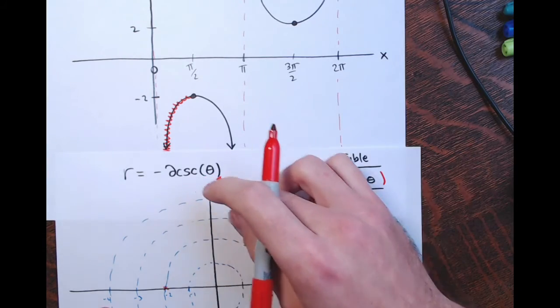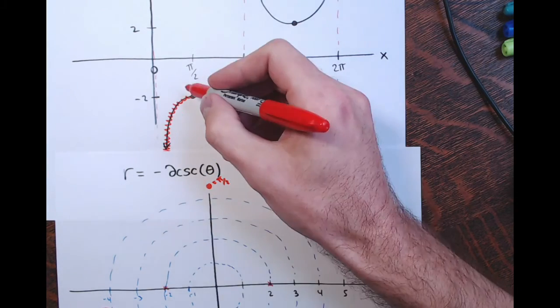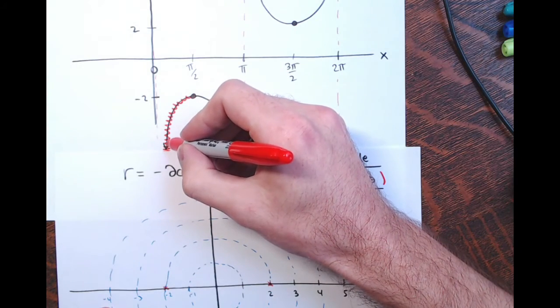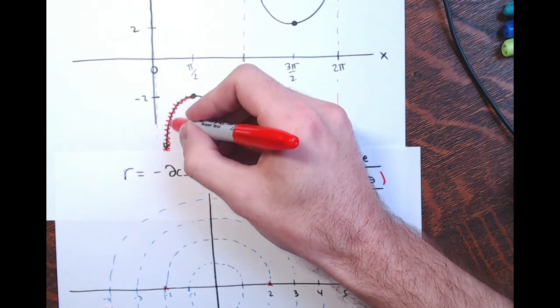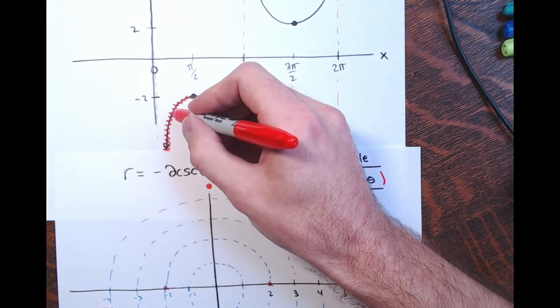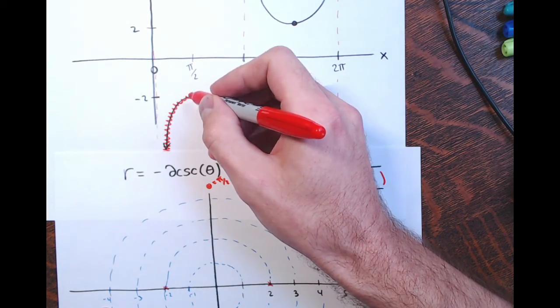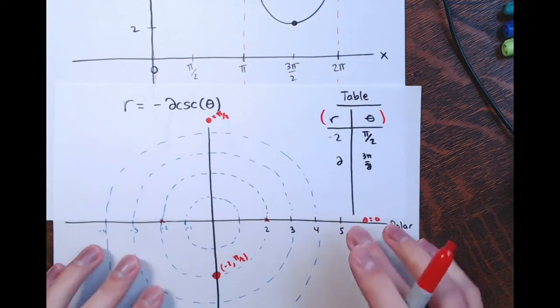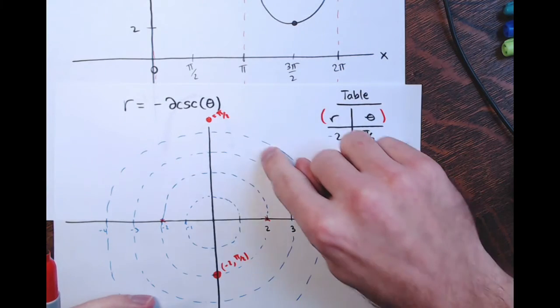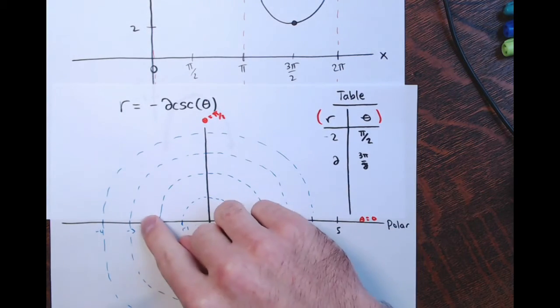So between these two, I have values of r. Values of y correspond to values of r, going from -infinity to -2. Now, since the values of r are negative, my points aren't going to show up between these two. They're going to show up between these two.